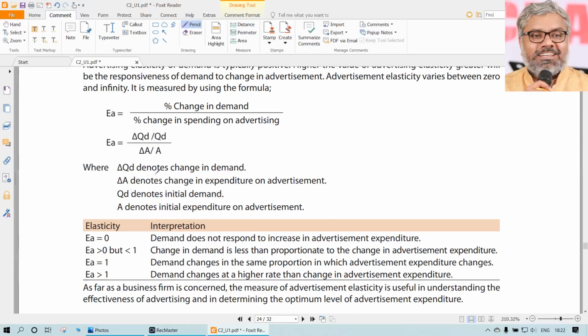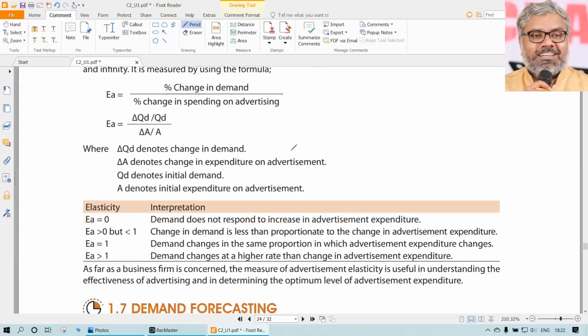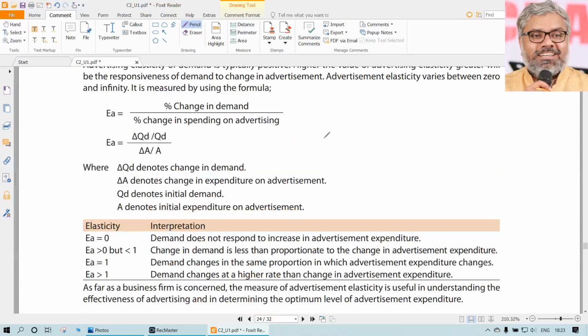And then after that we will move on to the last but not so important technical topic of demand forecasting. So in the next class we can conclude the core aspects of the overall understanding of this unit 1 of chapter 2, that is the demand theory and elasticity of demand and concepts related to demand.